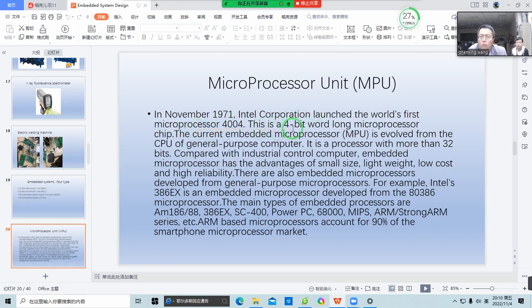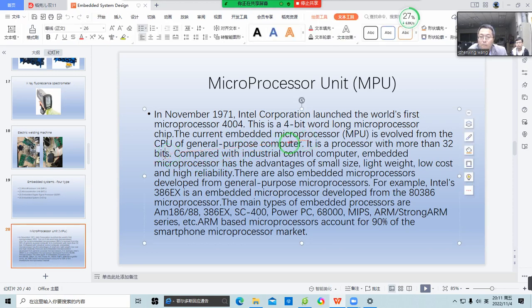In November 1971, Intel Corporation launched the world's first microprocessor. This is a 4-bit word-length microchip. The current embedded microprocessor evolved from the CPU of the general-purpose computer. It is a processor with more than 32 bits. So right now, our ARM processor is 32-bit, commonly 32-bit.